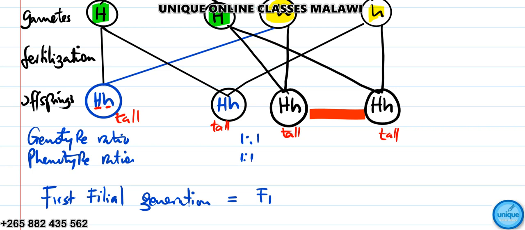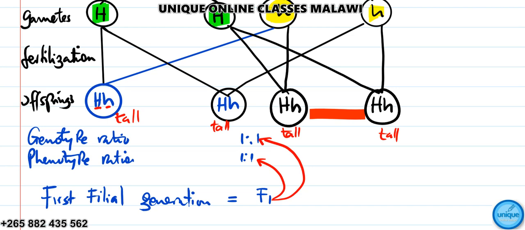So mutafunsi dava maiso, what are the characteristics of first filial generation? Genotype ratio imaka 1:1, phenotype ratio imaka 1:1, all are the same. In other words, they are all heterozygous. They are all heterozygote. That's the thing.